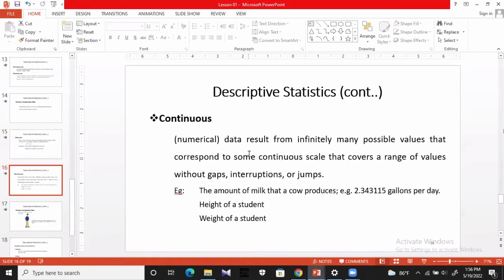If it is continuous data, we cannot count its infinitely many values in between a period or a range. It should not have gaps, interruptions, or jumps.